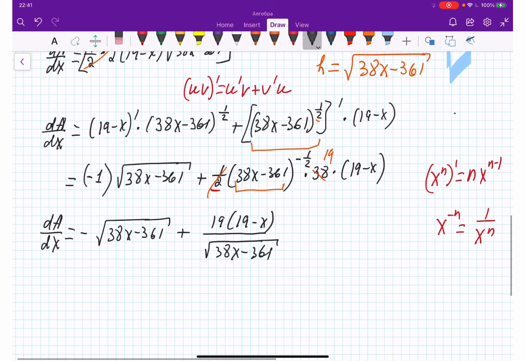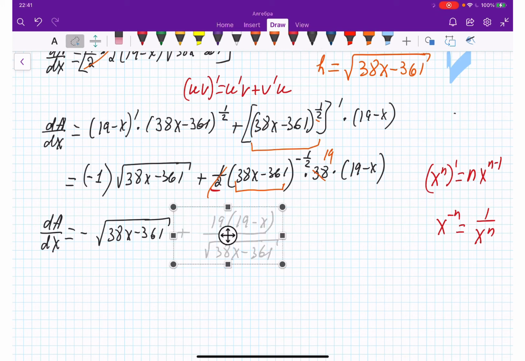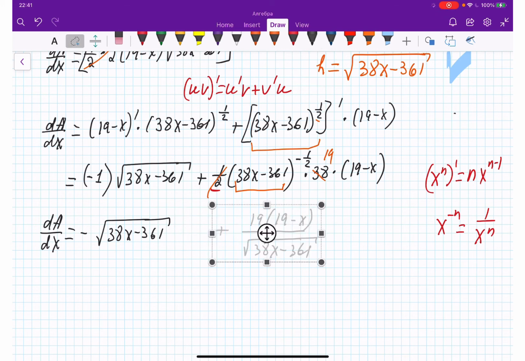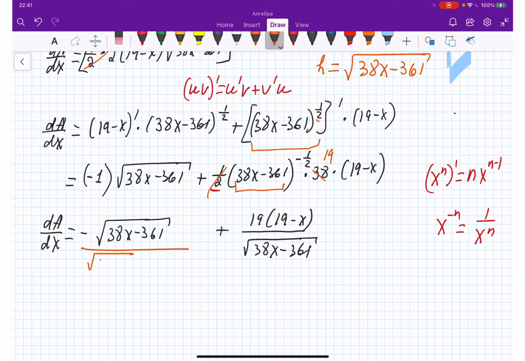Okay, obviously we are going to bring it to a common denominator, which is going to be the square root of 38x minus 361, right? So here we multiply by square root of 38x minus 361.